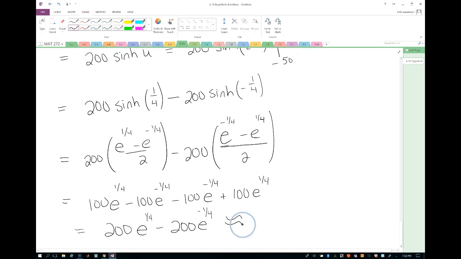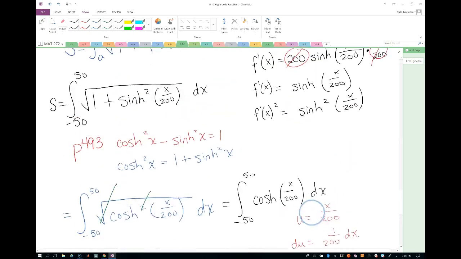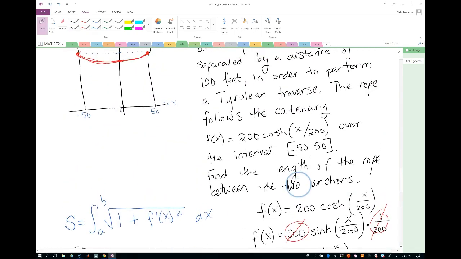But now it's much more manageable at this point, especially if you don't have a graphing calculator. We could easily type that in from our home screen. And when I do, I get about 101. There's a little bit of a decimal there, but it's really not much. And our units here were feet.